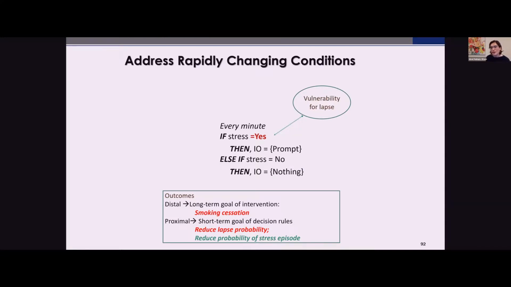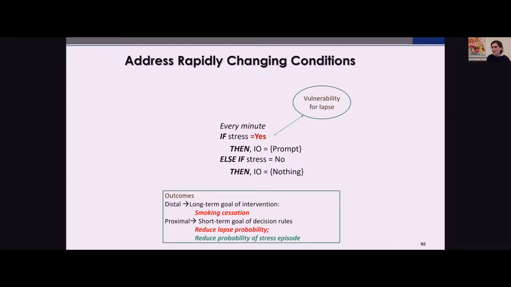We are delivering an intervention when people are experiencing stress. Why? Because stress represents a state of vulnerability for a lapse, a state of risk in terms of the adverse proximal outcome, right? We deliver a prompt, we deliver support because we want to break the link between a state of vulnerability and the proximal outcome.